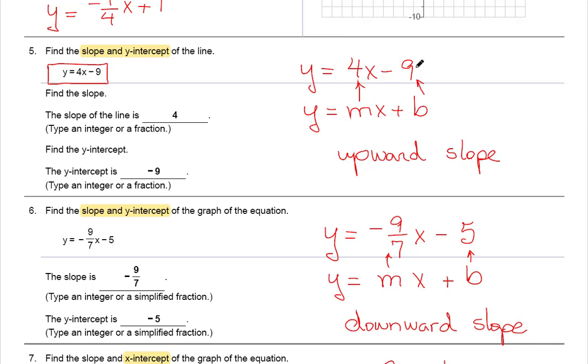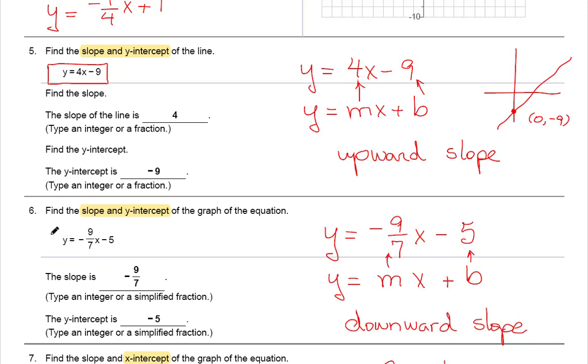B is minus 9, so the y-intercept is at 0, minus 9. So armed with just that, I can make a really rough sketch here quickly. Crossing at 0, minus 9, and it's going upward. Now it's just a really rough sketch, but at least gives me some idea what's going on.